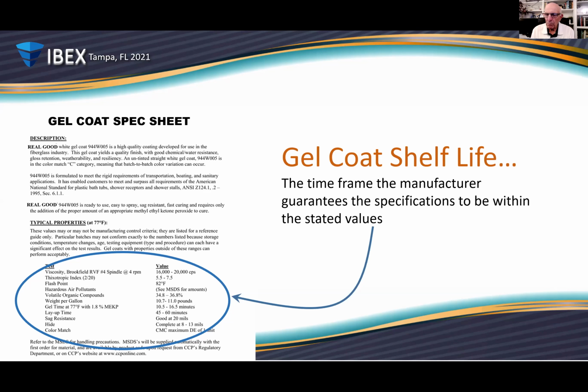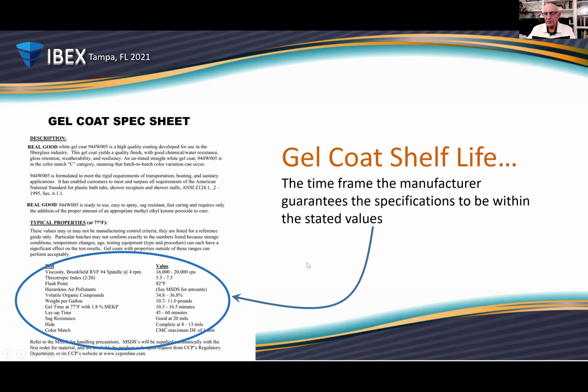Well, it's more important with gel coat to be paying attention to this. So on the gel coat spec sheet are specifications that are called out by the gel coat manufacturer for a specific gel coat, and it will give you some ranges of specifications: viscosity, thix index, percentage of volatiles, gel time, layup time, and so on and so forth.